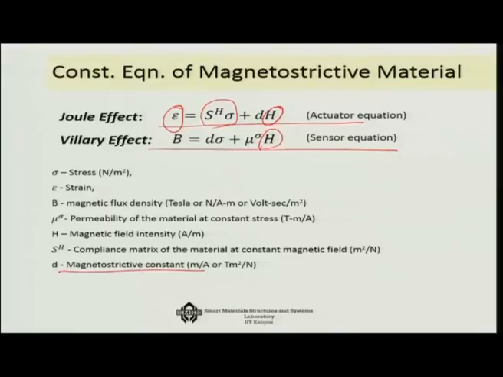But in addition, if there is a change in stress, or that means a change in strain, then there will also be a change in the magnetic flux density B, and that can be captured in terms of change of voltage through a pickup coil, etc. So that is the constitutive equation, which looks linear, but it is actually linear only in a very small range, and this is used in developing actuators and sensors.